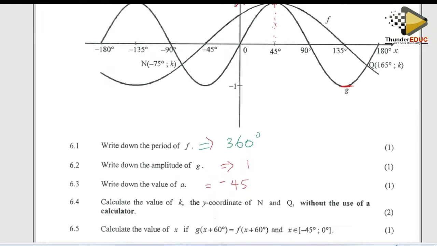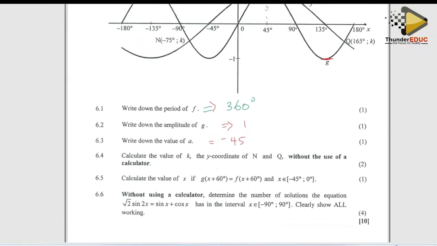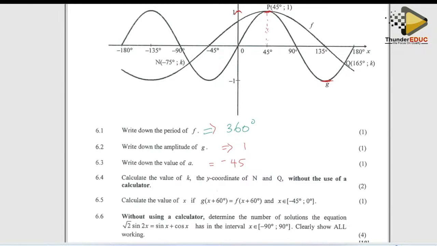Perfect. Then calculate the value of k, which is the y coordinate of N and Q, without the use of a calculator. So we know that 165 is in quadrant number 2.